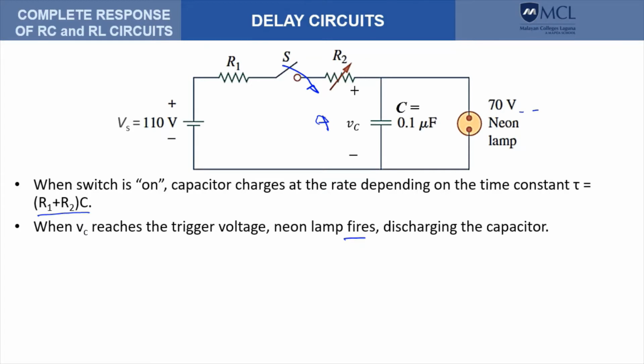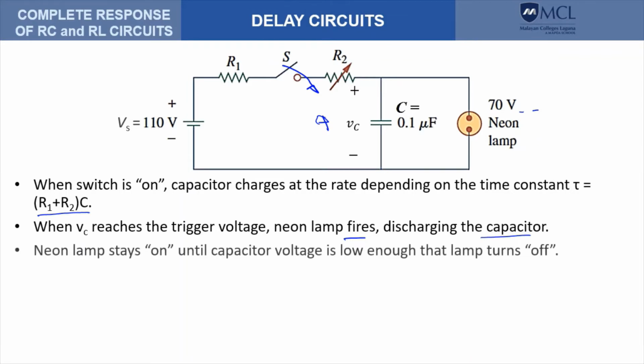Immediately after that, the capacitor will start to discharge. But the neon lamp, even when it is below its triggering voltage, will continue to be in the on state until the capacitor voltage is low enough that the lamp turns off.